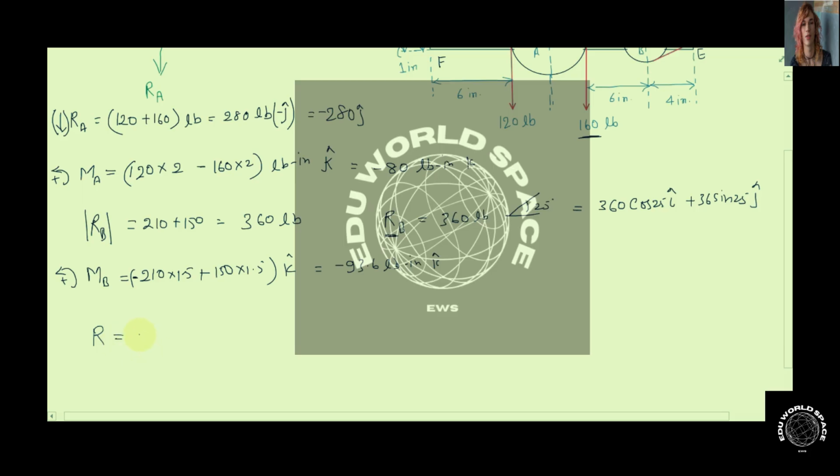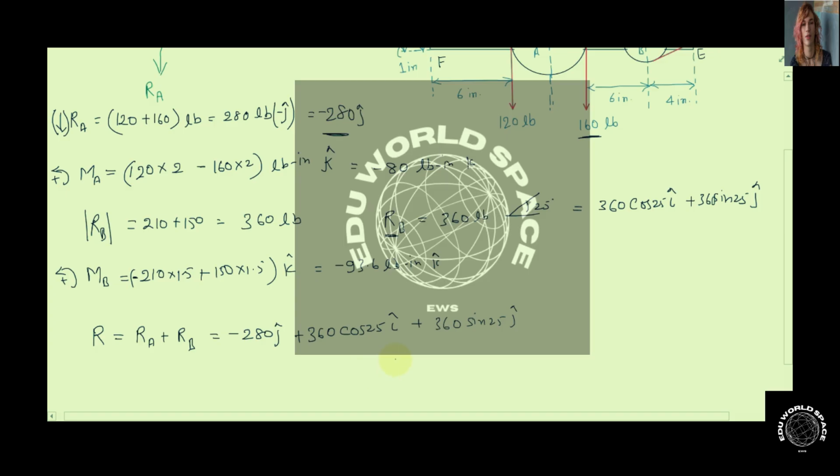So the equivalent force will be RA plus RB, which comes out to be RA, which we have already calculated, minus 280 j cap, and RB is plus 360 cos 25 i cap plus 360 sin 25 j cap.